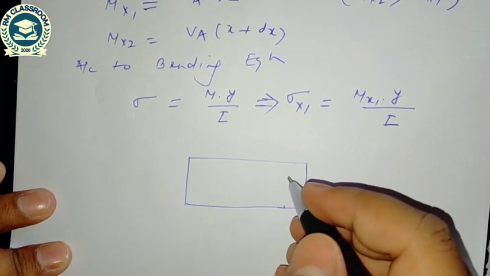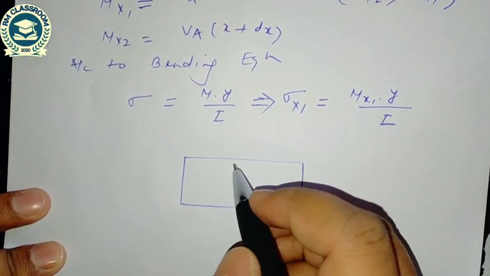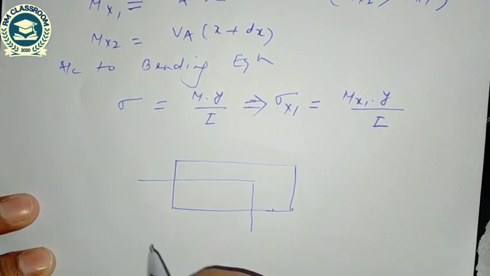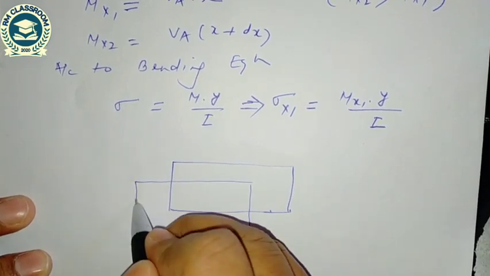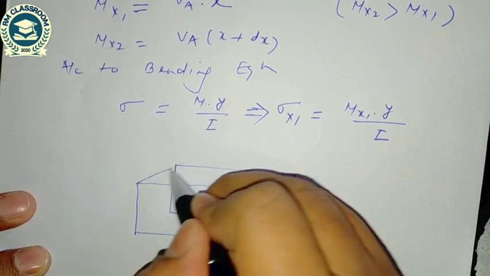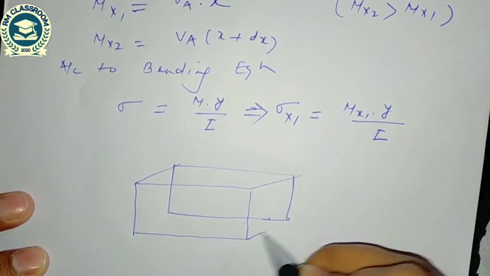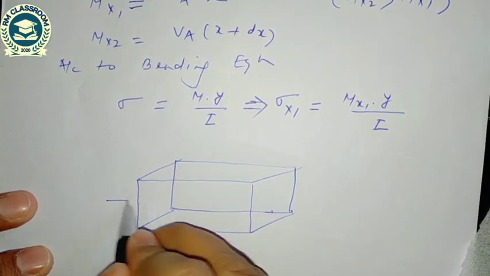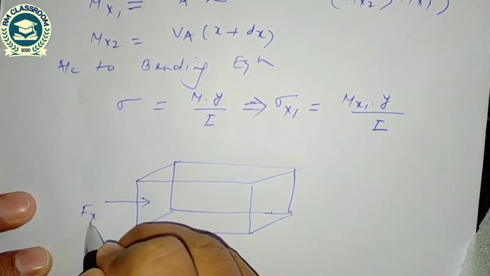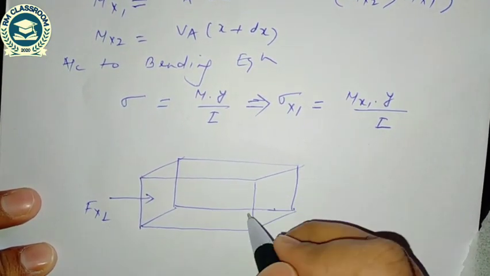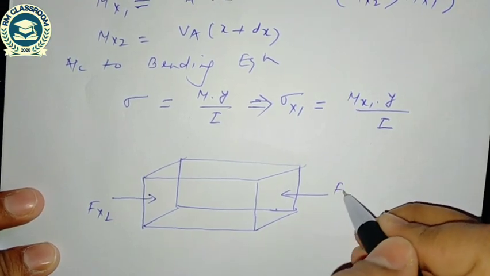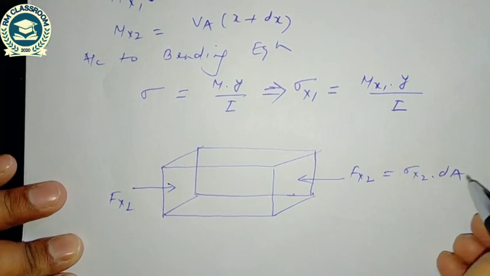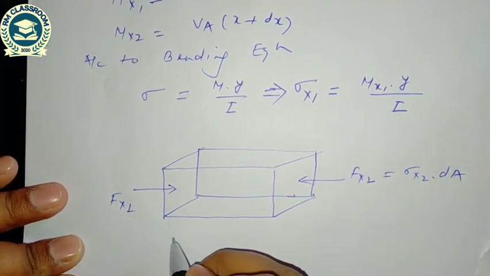Due to this shear force, a shear stress will also act. Let us assume this is Fx1 and this is Fx2, which is nothing but sigma x2 into dA, stress into area.